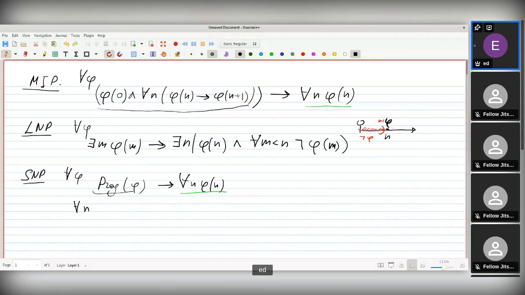For every n, it is enough for phi to hold for n that phi holds for every lesser number, for every m which is less than n. So given phi holds for all numbers less than n, phi is necessarily true for n itself. Is this idea clear?